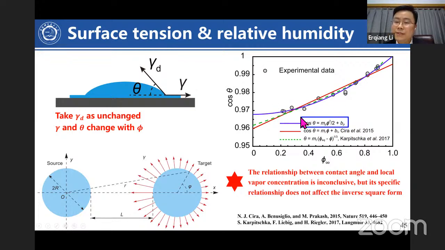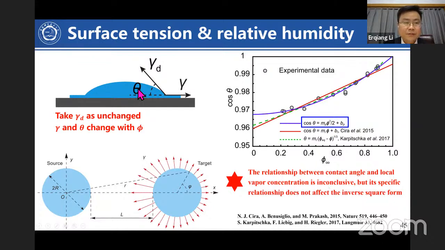But in our data, we think it fits better in this way. But I'll show later, no matter which way you use, it doesn't affect the inverse square form of the force. That is a very key point we want to show. The relationship between contact angle and the local vapor concentration is inclusive, but its specific relationship doesn't affect the inverse square form.